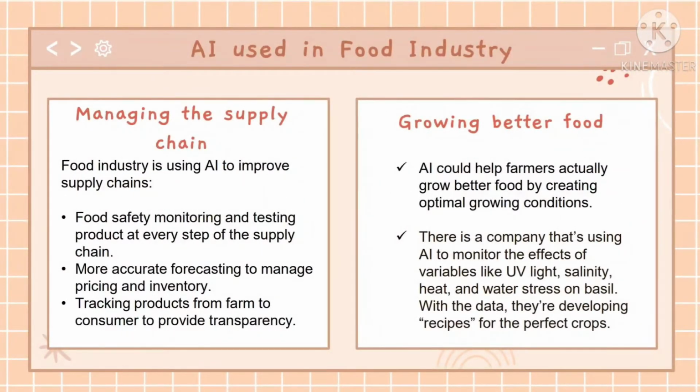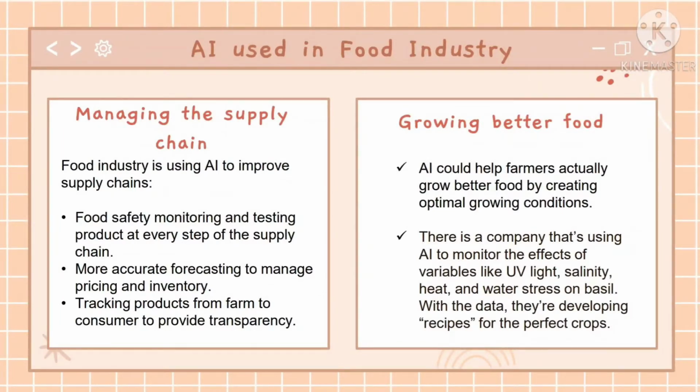Next is managing the supply chain. The food industry is using AI to improve the supply chain: food safety monitoring and testing product at every step of the supply chain, more accurate forecasting to manage picking and inventory, and tracking product from farm to consumer for product transparency. And lastly is growing better food.